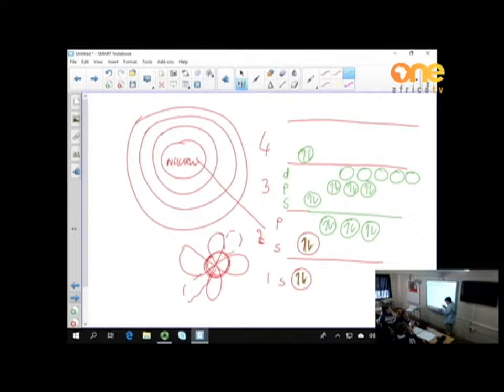This one is superimposed over that one, and that one is superimposed over the previous one, and what it comes down to is it requires less energy to fill an S sublevel than it does the D. So calcium, with 20 electrons, has 2 electrons in its outer shell. It fits the pattern perfectly.